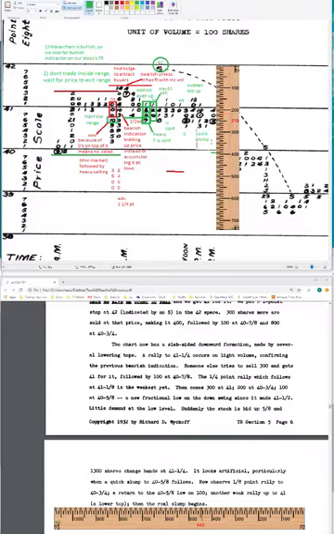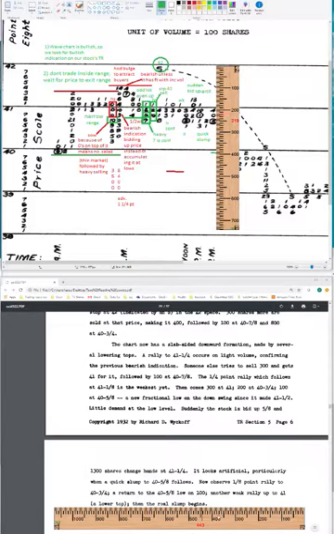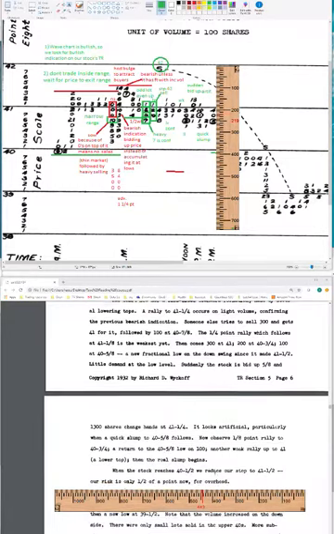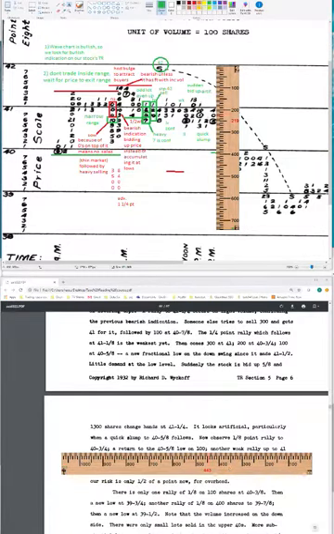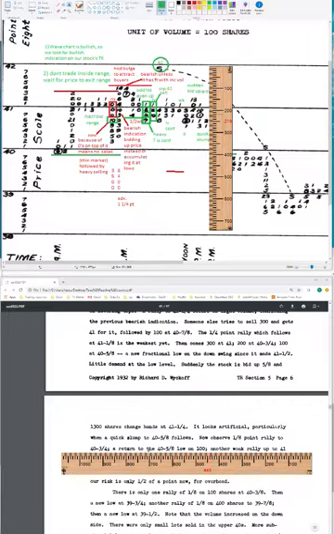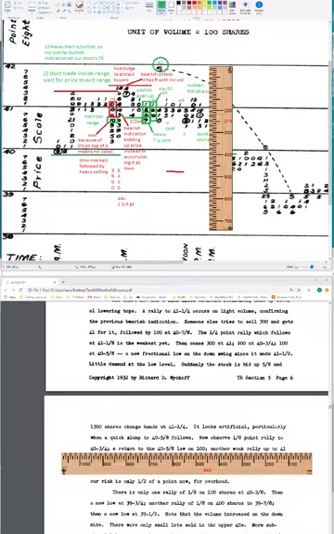Because of that quick slump. Now observe the 1/8 point rally. Alright. It's right there.